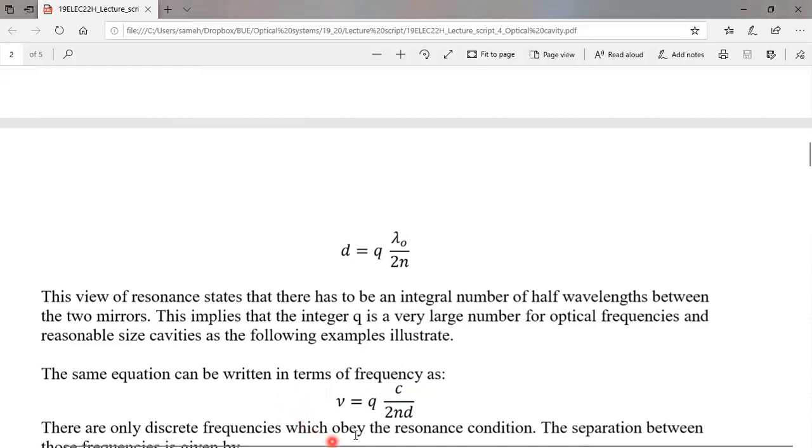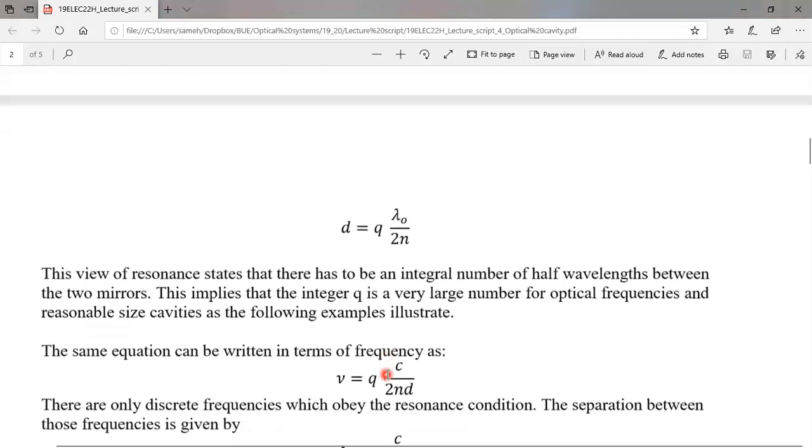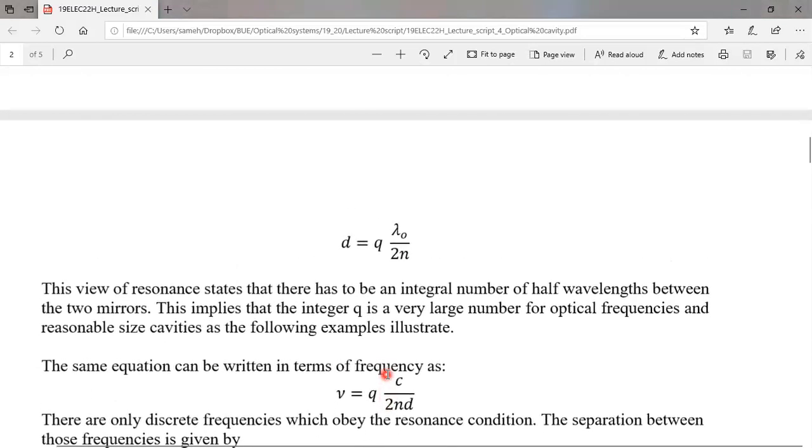This frequency will not exist. The only existing frequencies will be the discrete frequencies related to this equation. So this equation will limit the frequency propagating, and we will say that these frequencies are integer multiples.